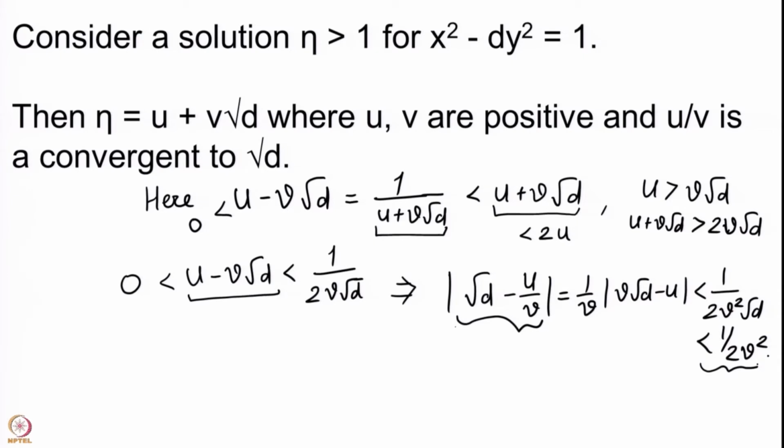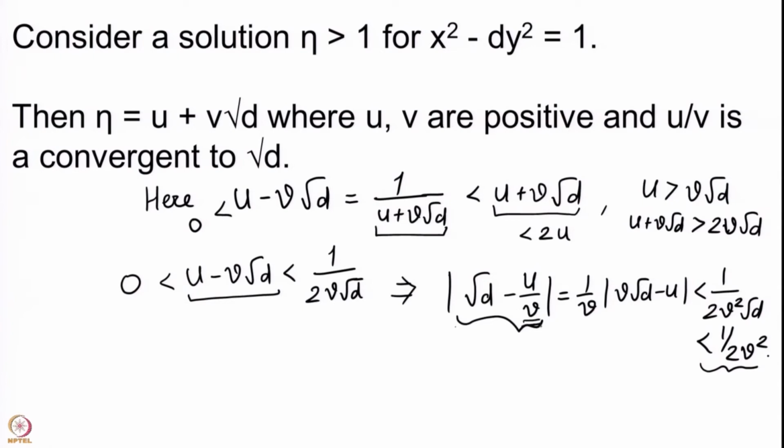We know that the convergents would approximate root d in a good way. That means Pn by Qn are close to root d by distance at most 1 upon Qn square, and in fact one of each pair of consecutive convergents will have the property that the distance is less than 1 upon 2 Qn square.